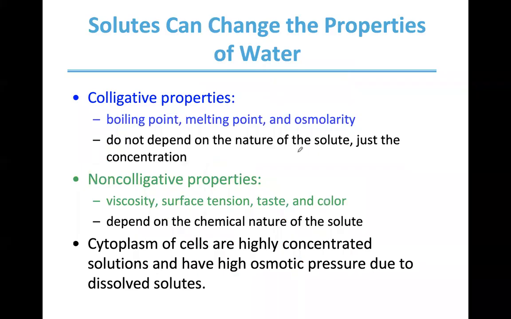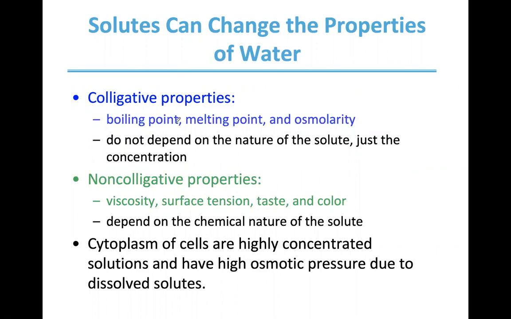All right. So just like water changes the properties of molecules dissolved in water, the molecules themselves, once they get in the water, change the properties of water. Now there are colligative and non-colligative properties. So colligative basically means that they do not depend on the nature of the solute, just the concentration. And that's the boiling point.